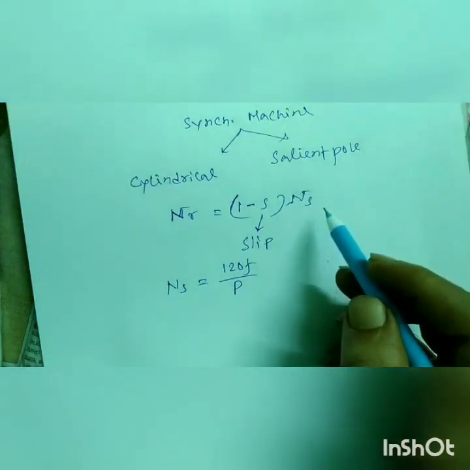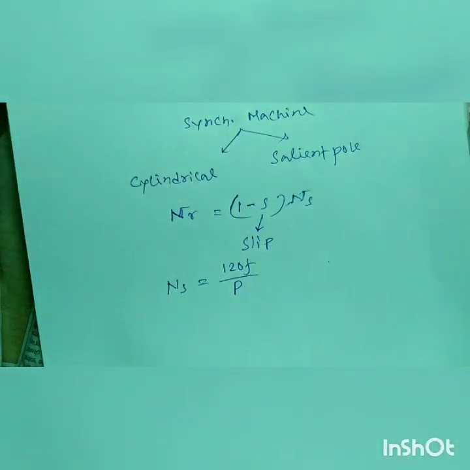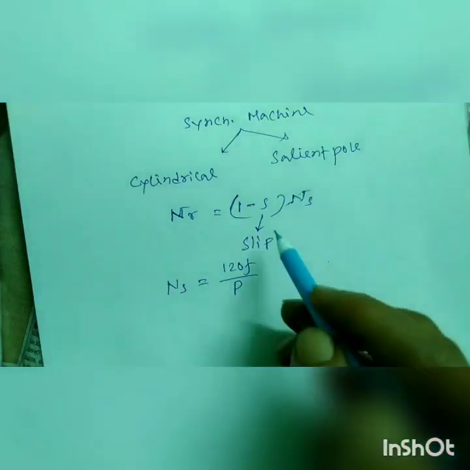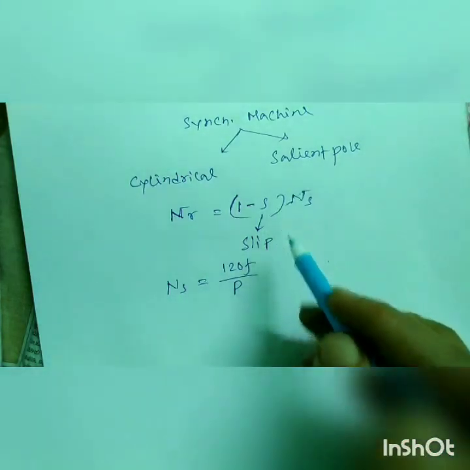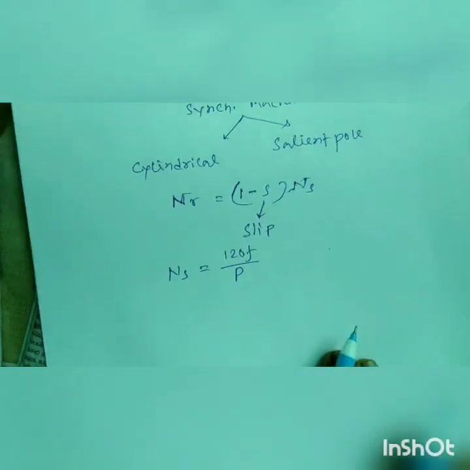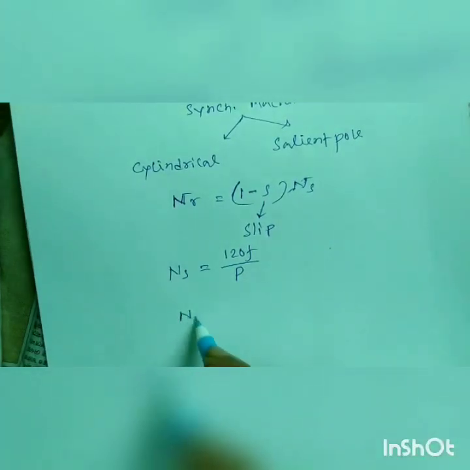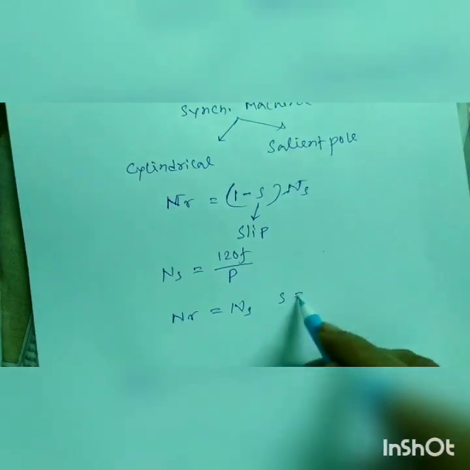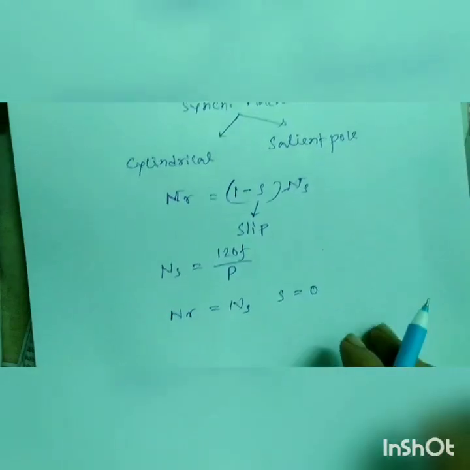So how can we make the machine run at synchronous speed? If we can make the slip 0, then only it is possible to run the machine at synchronous speed. So Nr will be Ns when S is 0.